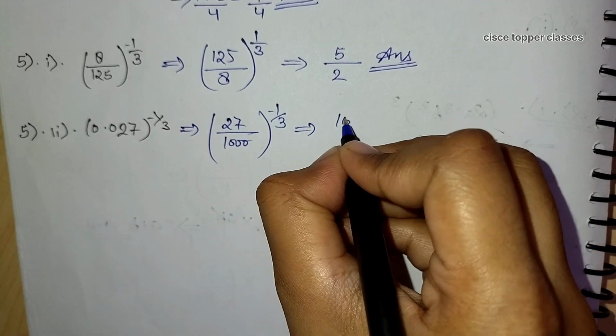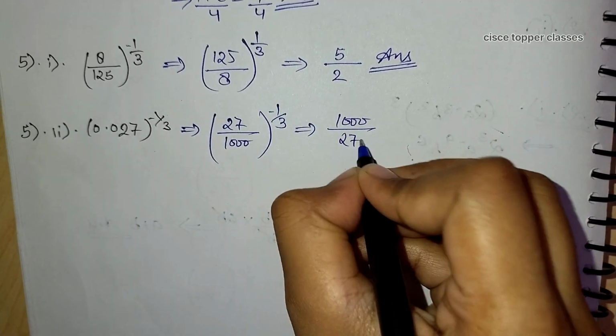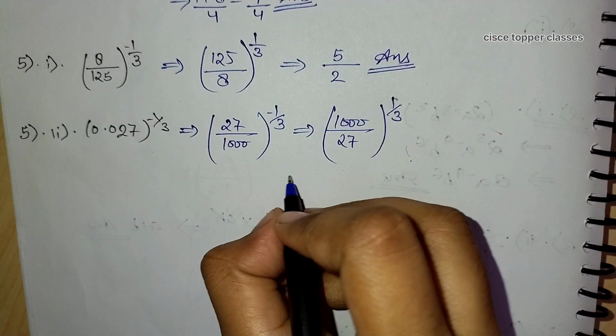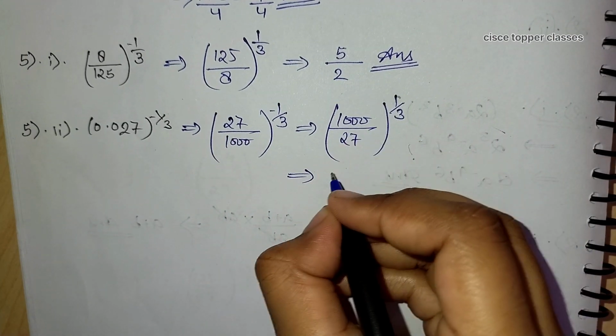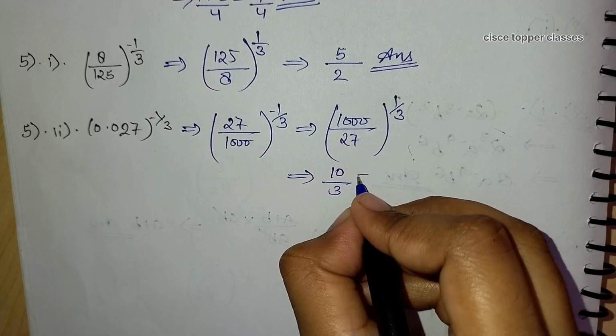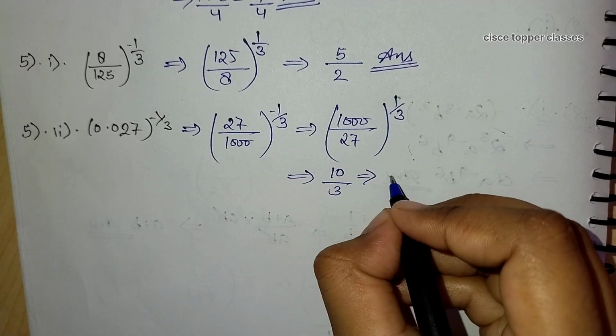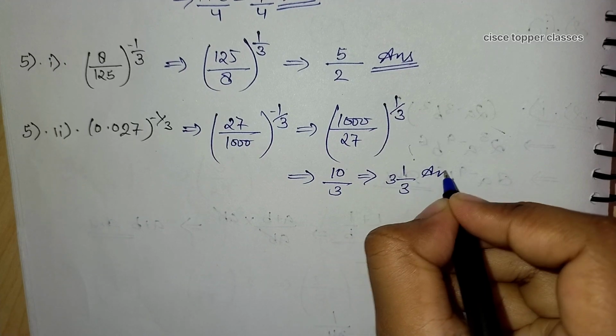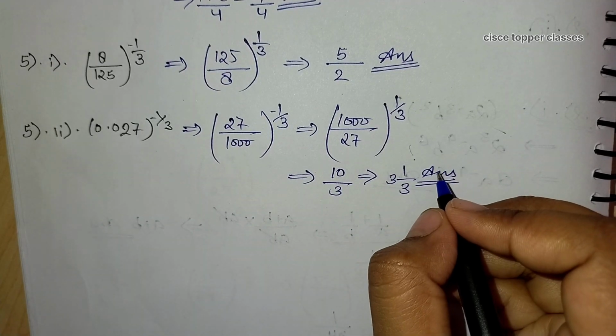So you can write it as 1000 divided by 27 whole under root cube. On taking under root cube, we will get 10 and here 3. So this is 10 by 3. This is the answer of the second part.